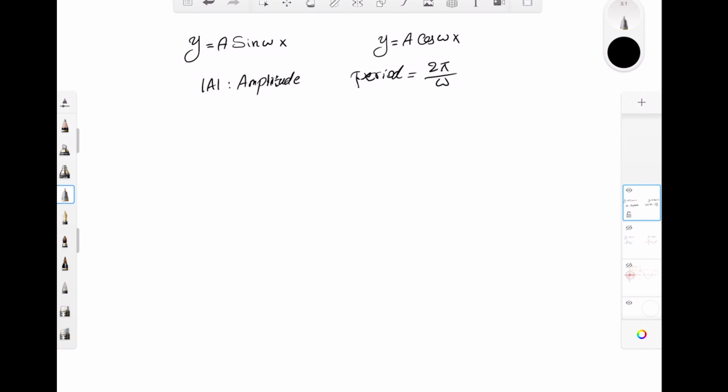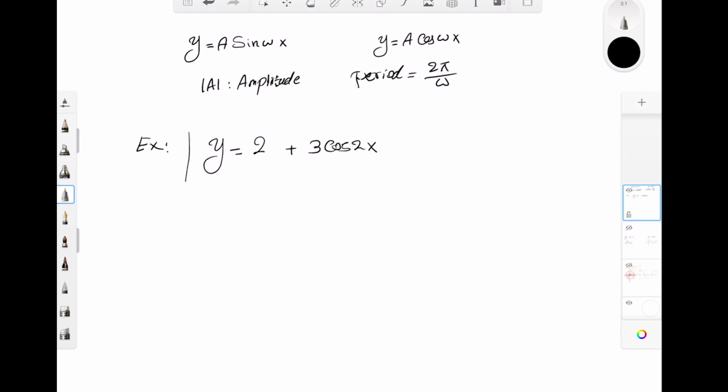Let's have a couple quizzes now. For example, y equals 2 plus 3 cosine of 2x.